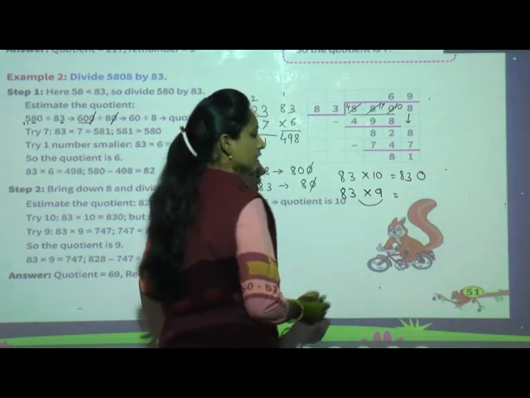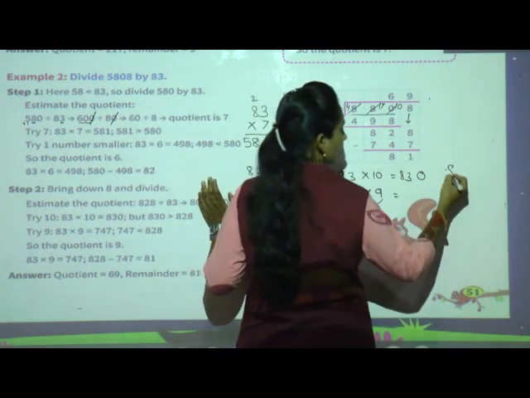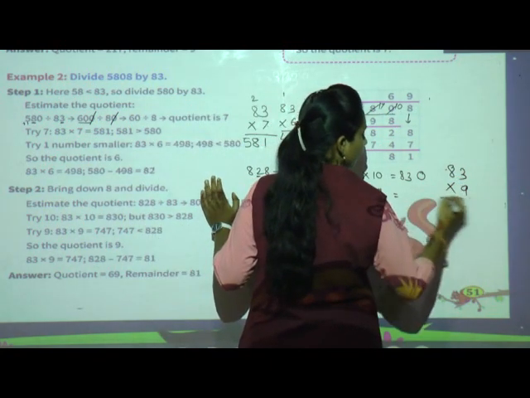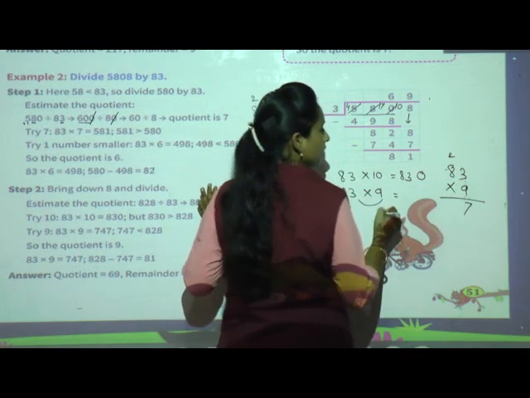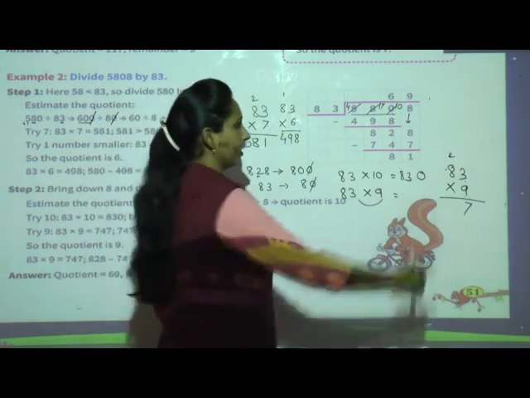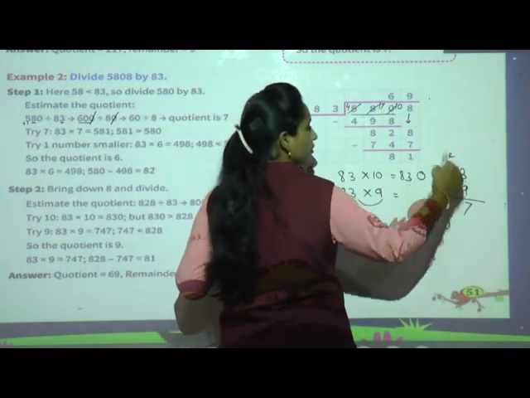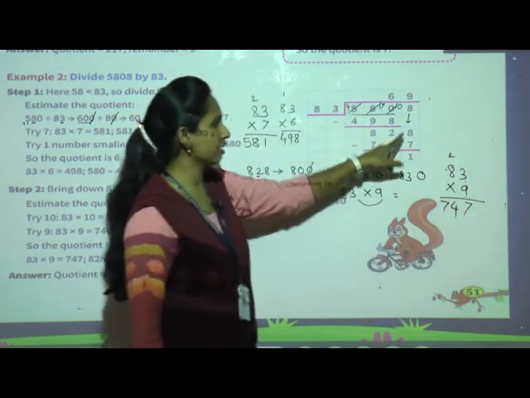Now see, 9 threes are, if you are finding it difficult, go this way. 9 threes are 27. 9 eights are 72. 72 plus 2, 74. Yes, this is less than 828.